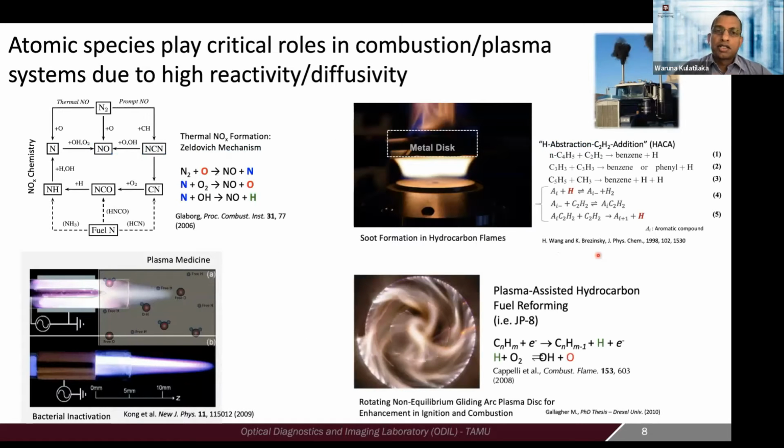So as combustion researchers or propulsion researchers, we are always interested in chemical environments, various types of chemical environments, and these fundamental building blocks, atoms, particularly hydrogen, oxygen, nitrogen, and carbon. Those are the 4 atoms we encounter in most of these applications in hydrocarbon combustion or plasma systems, looking at making better and more efficient combustion systems, and reducing pollutant formation like nitric oxide, carbon monoxide, and soot from these flames.